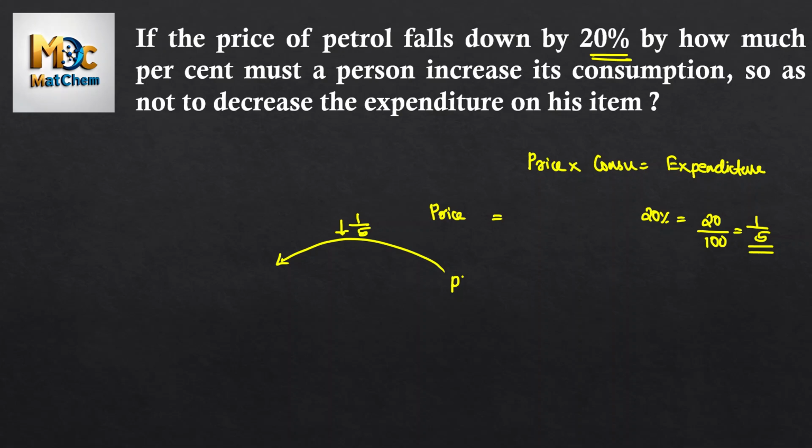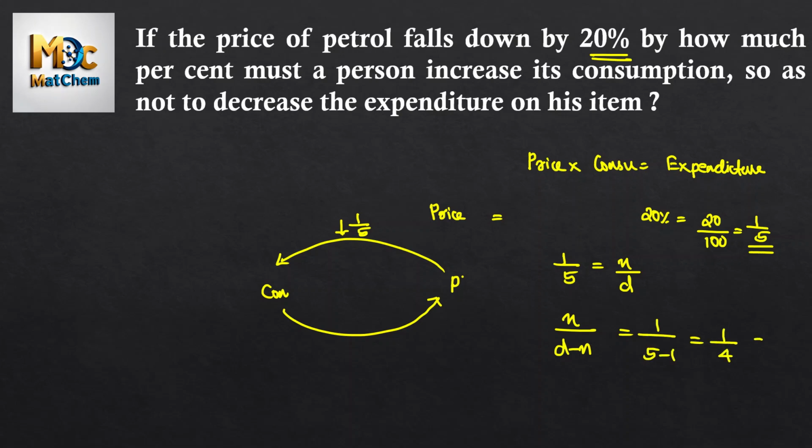In order to maintain the expenditure constant, the consumption has to increase by n divided by d minus n, where 1 by 5 is n by d. That will be equal to 1 divided by 5 minus 1, that is 1 by 4, which is equal to 25%. That means consumption has to be increased by 25%.